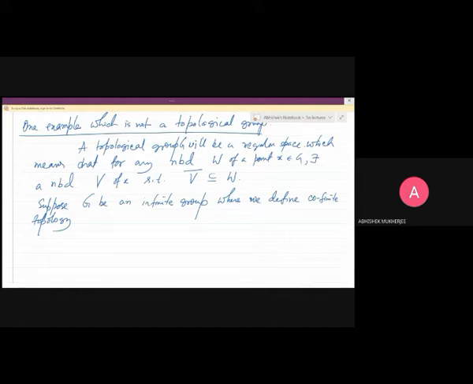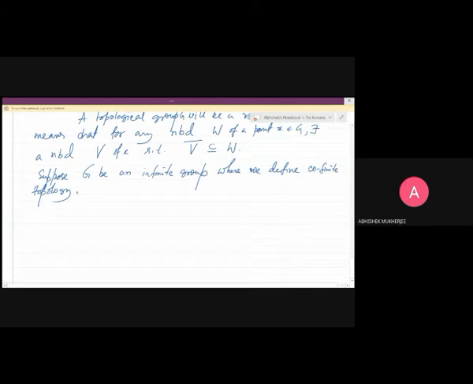So in a cofinite topological space, the closure of any neighborhood will be the whole space.